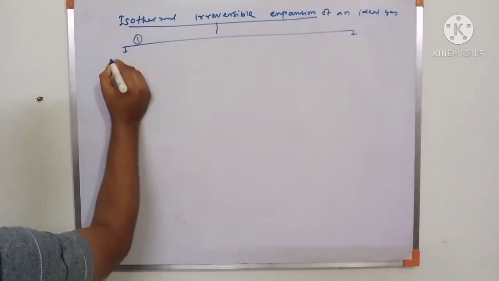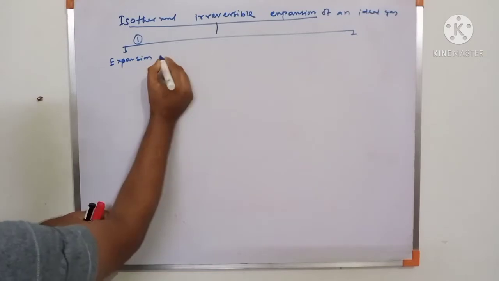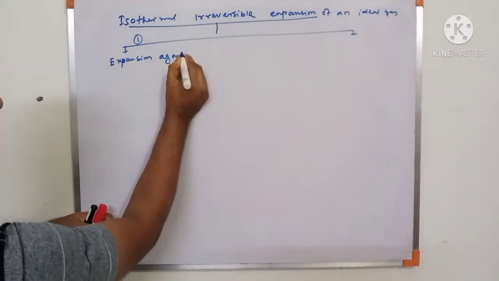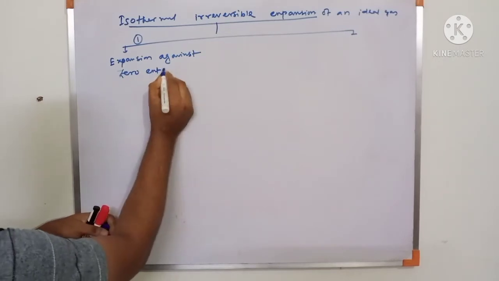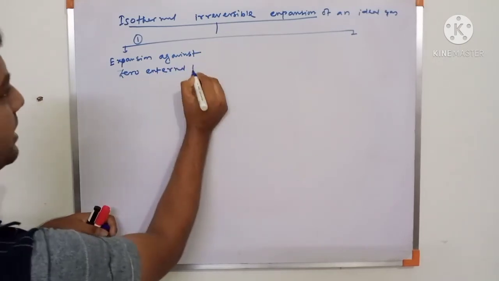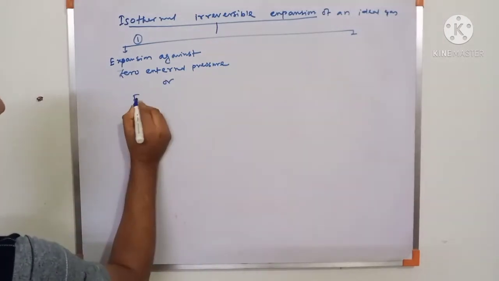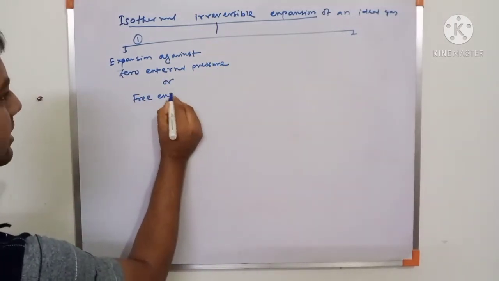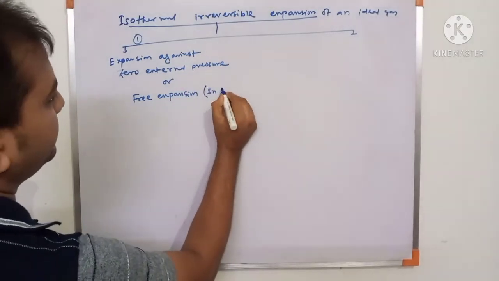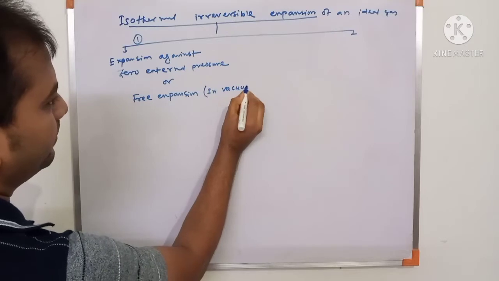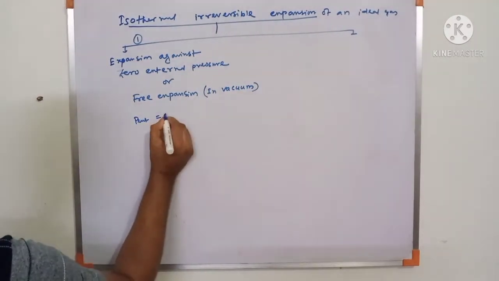Case 1 is expansion against zero external pressure, or this is called free expansion, that is, expansion in vacuum, so P external equals 0.